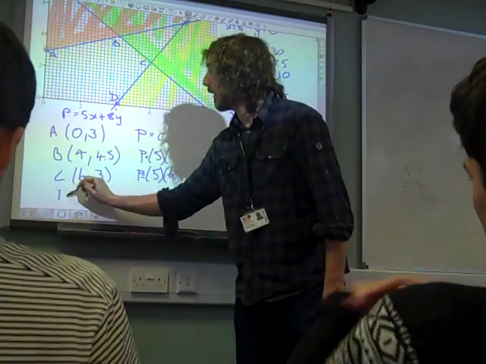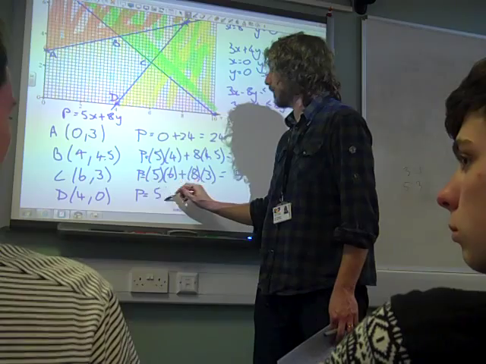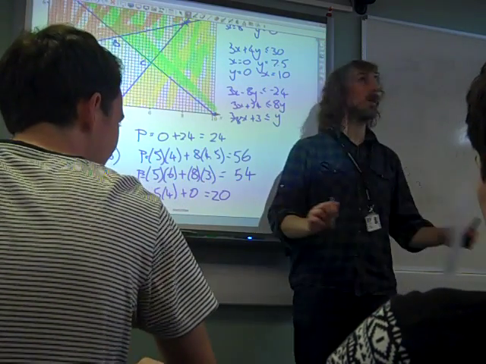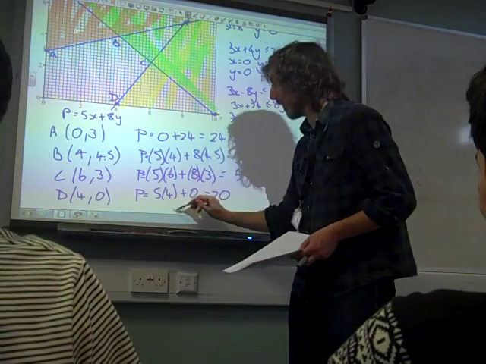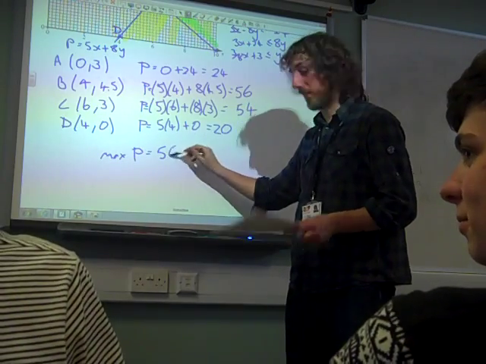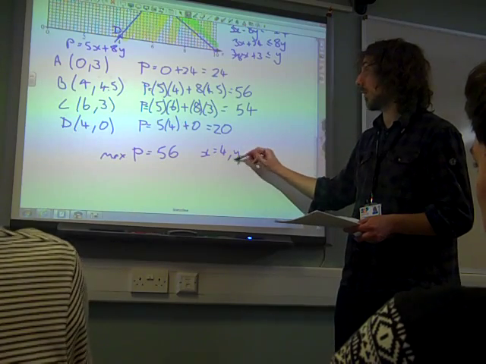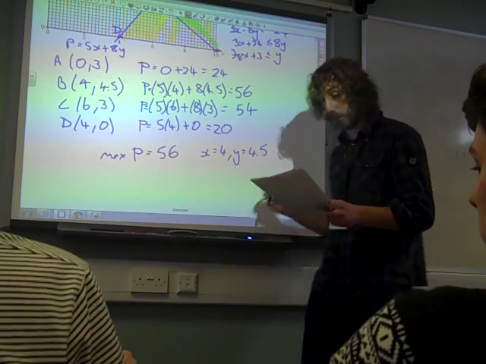And D is the point 4, 0, so P is 5 times 4 plus 0, which is 20. So the maximum value of P is 56 when x equals 4, y equals 4.5. Fantastic, we're doing brilliantly.